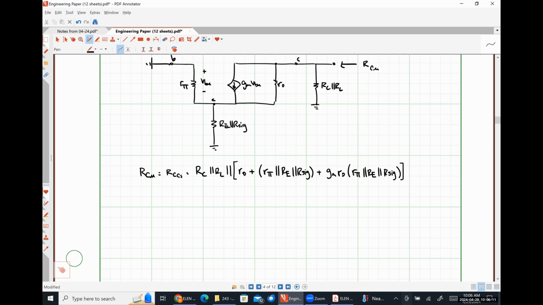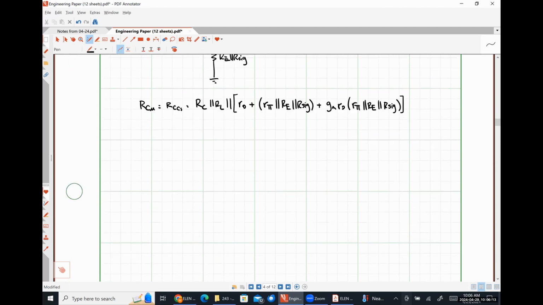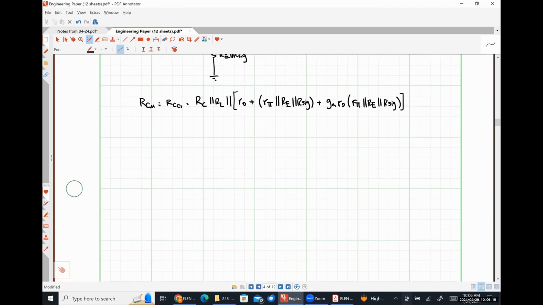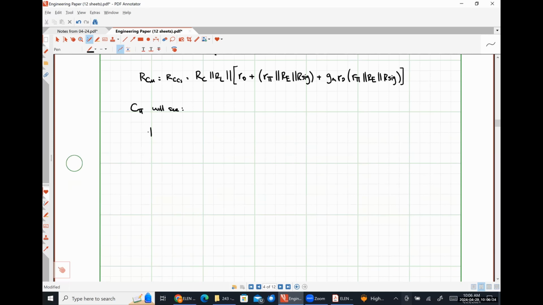Okay. So now let's figure out what C pi sees. So once again, my base is grounded. Here's R pi and B-E. Here's my emitter terminal.